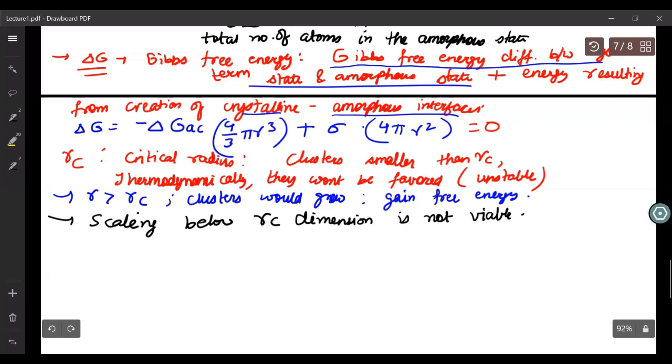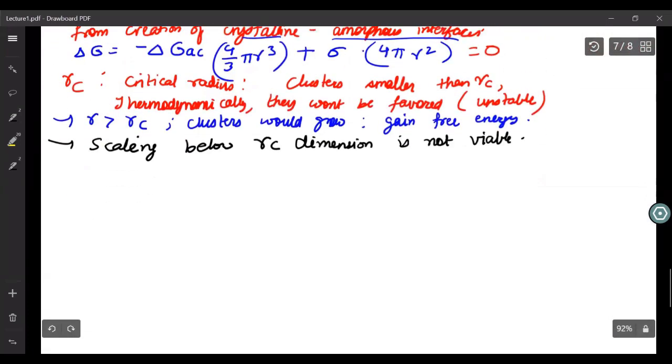Why? Because it's not thermodynamically stable. If your device dimension is less than RC, then you won't be able to nucleate. Then you won't be able to go from amorphous to crystalline. So that's the scaling limit. And that is why we have been talking so much about this RC and this Gibbs free energy.